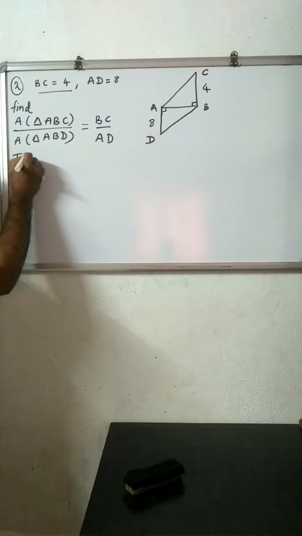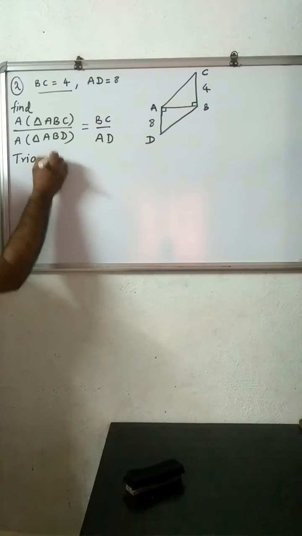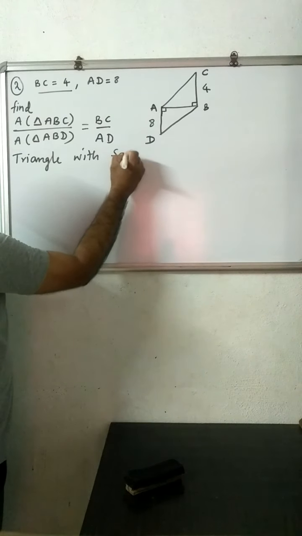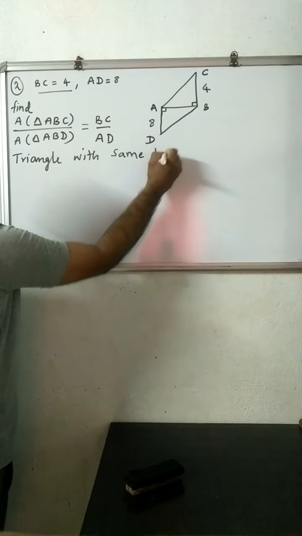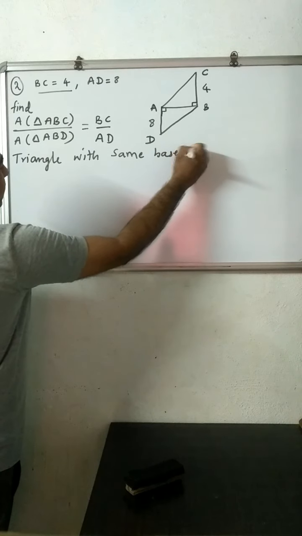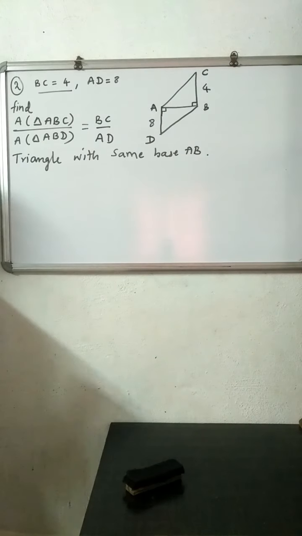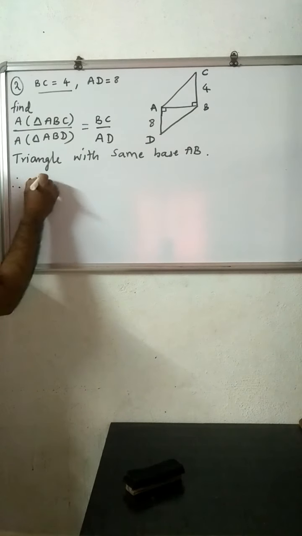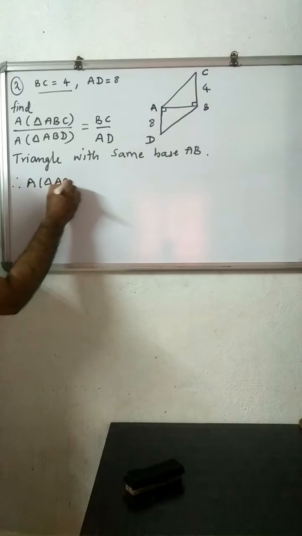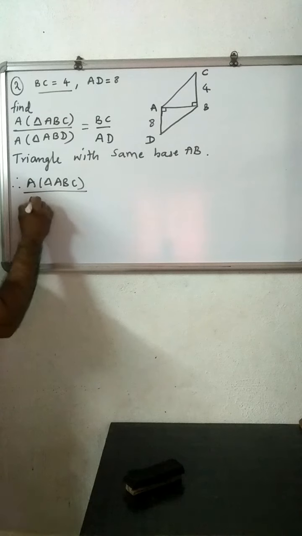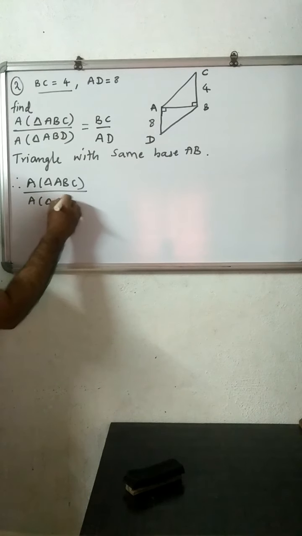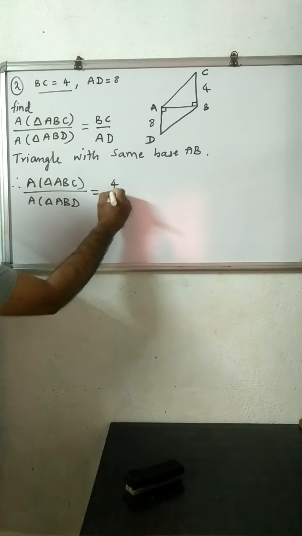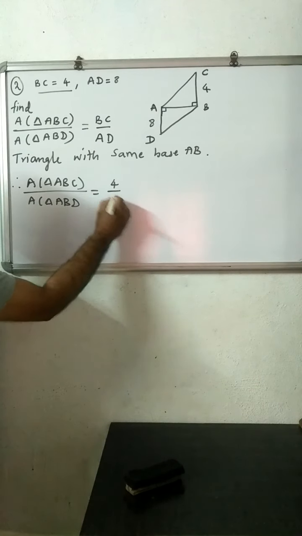Triangles with same base AB. Both the triangles have same base AB. Therefore, area of triangle ABC upon area of triangle ABD is equal to BC is 4 and AD is 8.